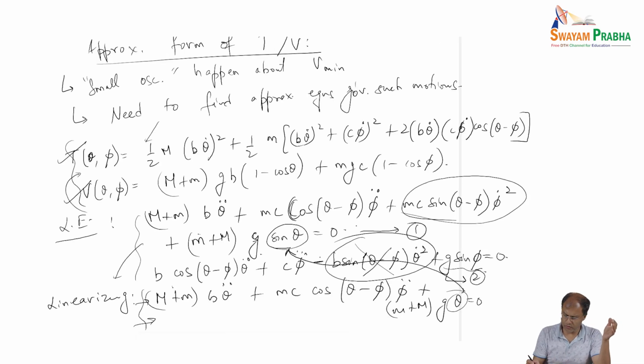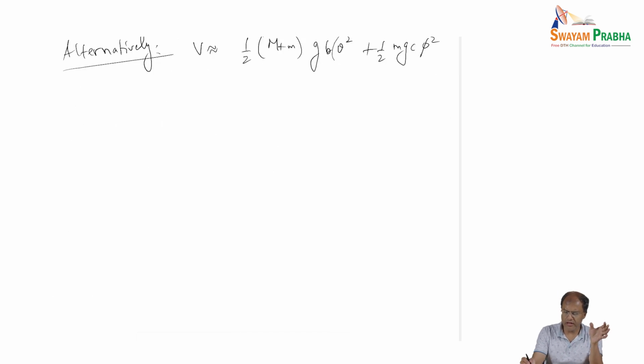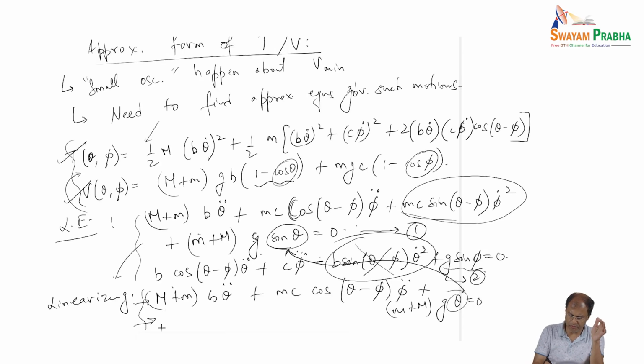So we linearize: we approximate cos theta and cos phi using the Taylor series approximation, retain the lowest order term, that is theta square and phi square, and drop all the higher order terms. Then we do the same thing for the kinetic energy and find the Lagrange equations of motion, and we will get back the same set of two linearized equations.